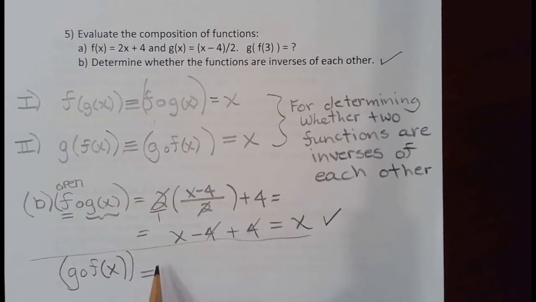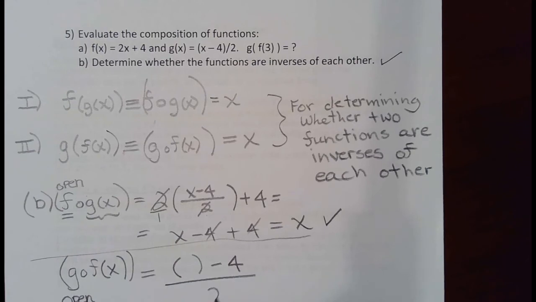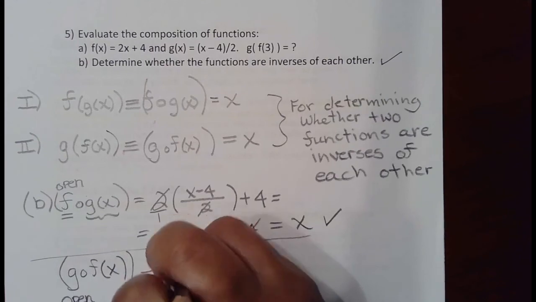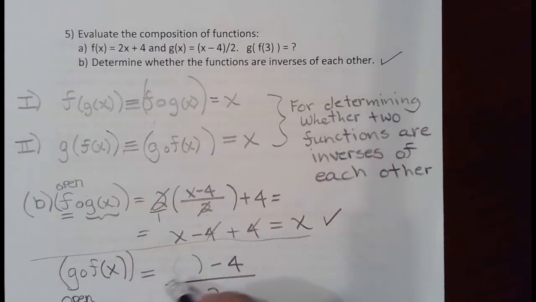And then I'm going to simplify. On the top we have a positive 4 and a negative 4. That goes away, leaving us with just 2x on the top and 2 on the bottom. So that also simplifies to just x. Because f composed of g of x as well as g composed of f of x both came out to be x, that proves that f and g are inverses of each other.